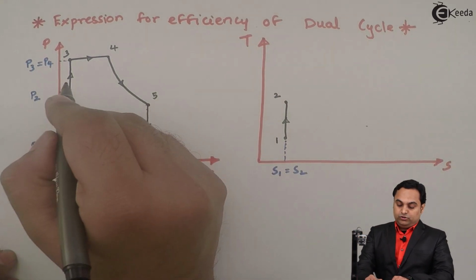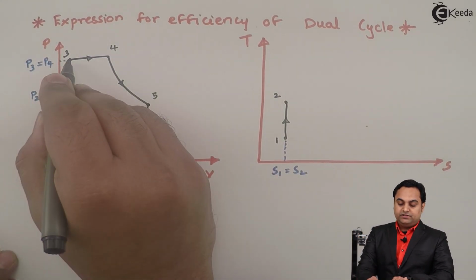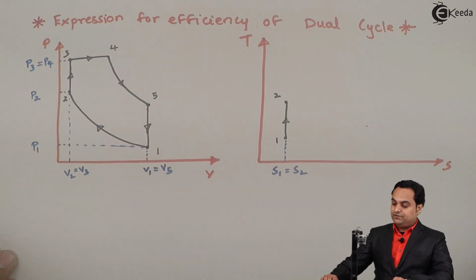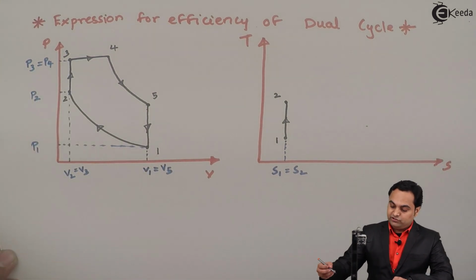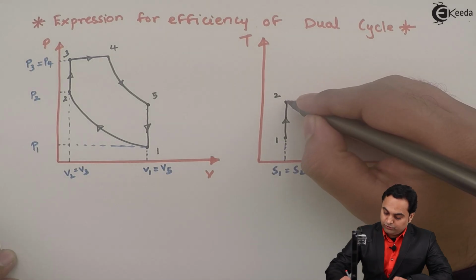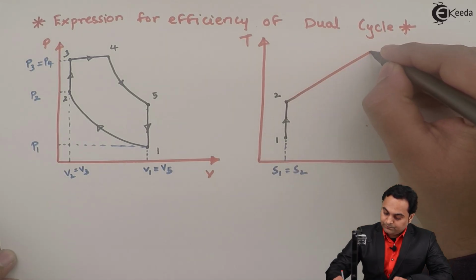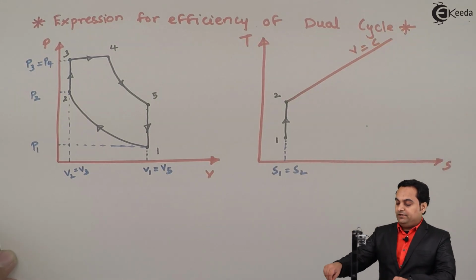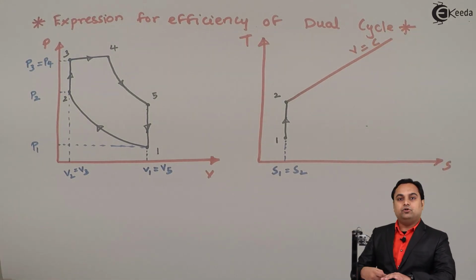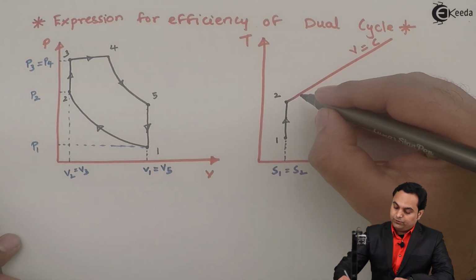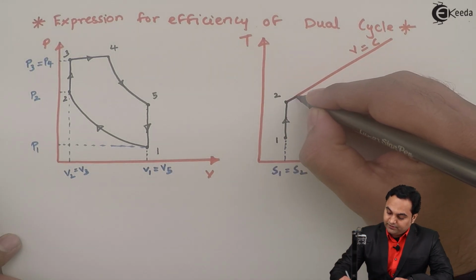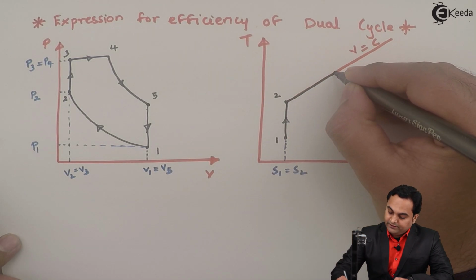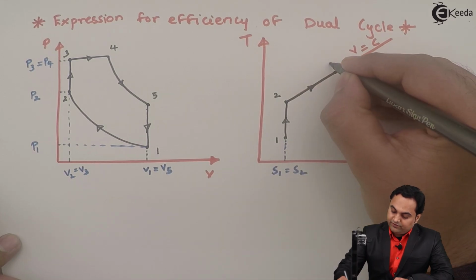Then during process 2 to 3 there is constant volume heat addition. So first I'll draw a constant volume line, V is equal to C, and heat will be added on this constant volume line from point 2 to point 3, increasing the temperature and entropy. We arrive at point 3.